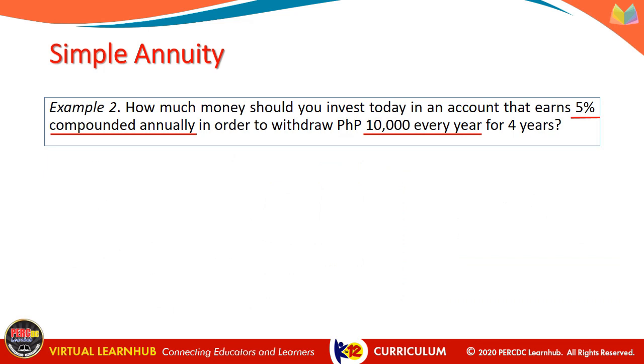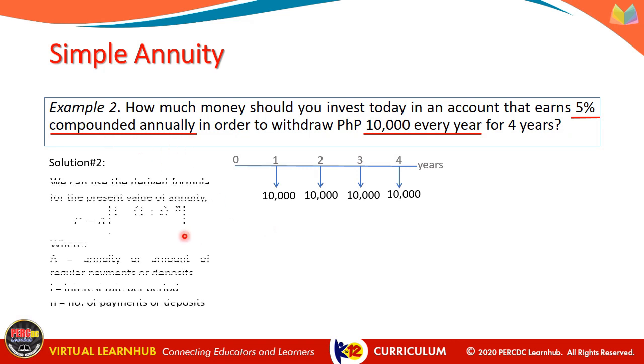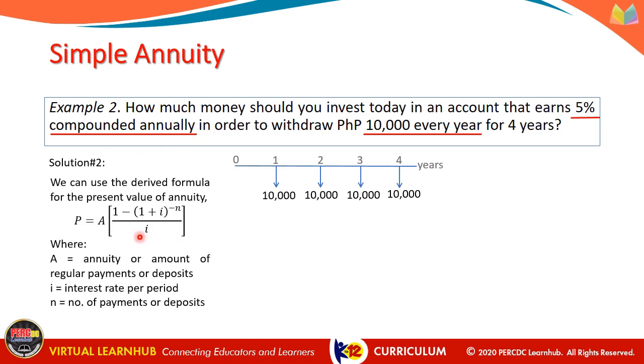Let us try solving example number 2 again, but this time with a different solution. Okay? Solution number 2. Let's just show this cash flow diagram again. This can serve as our guide in our solution. We can actually solve this problem by simply using the formula P is equal to A times the quantity 1 minus (1 plus i) raised to negative n, over i.